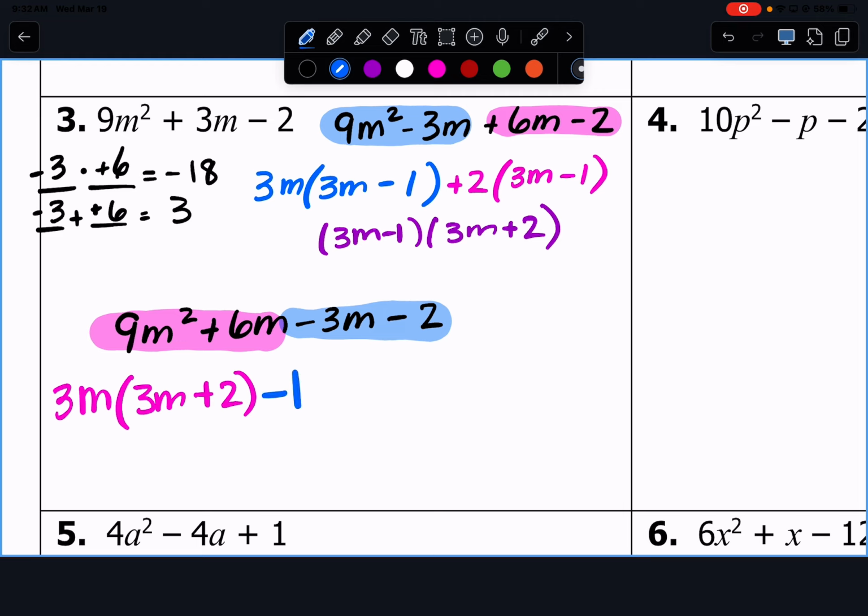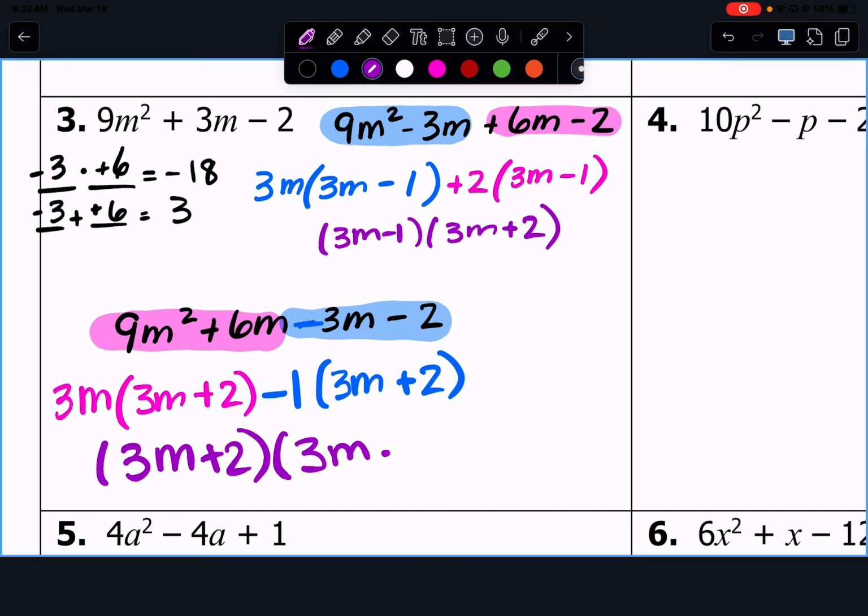Negative 1. Okay, because again, that's got a negative in front, so I'm going to have to take out a negative, and then the only thing that is in common between 3 and 2 is 1. It'd be 3m plus 2. Okay, what's the same? Three m minus 1. So either way, we get the same answer.